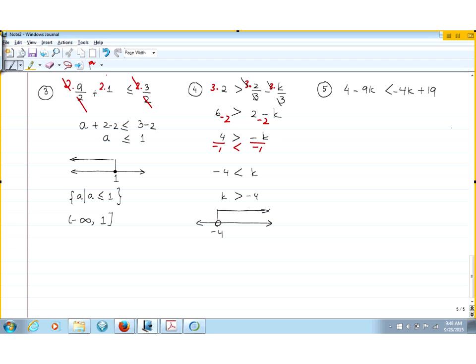And the arrow points to the right. Okay. And what was my interval as a set builder? k such that k is greater than negative 4. My interval? Negative 4, and what do I use for negative 4? Parentheses, negative 4 to infinity, and then parentheses. Yes.